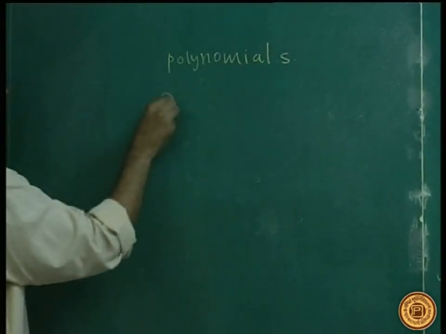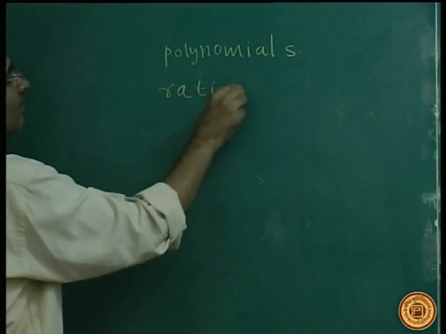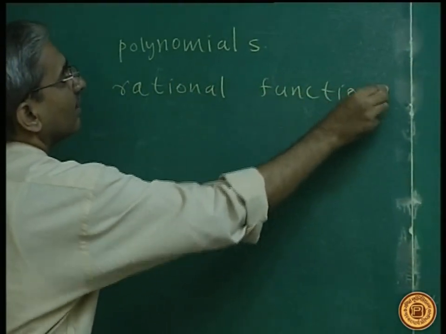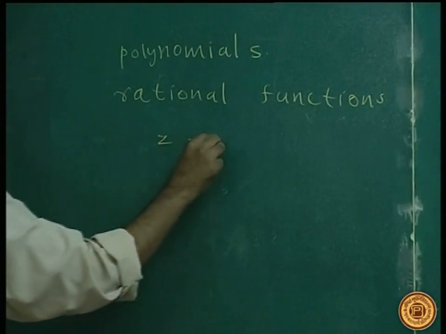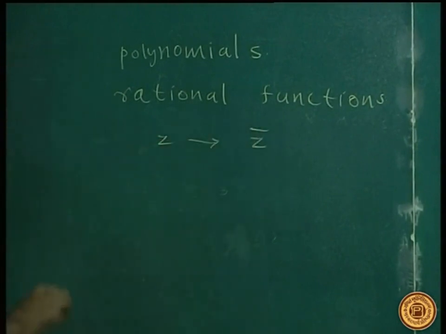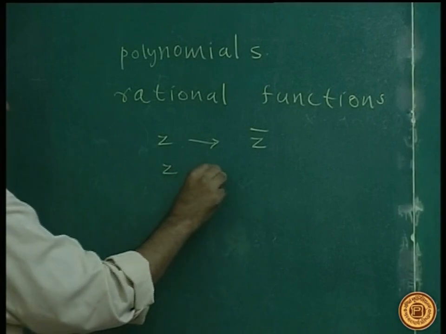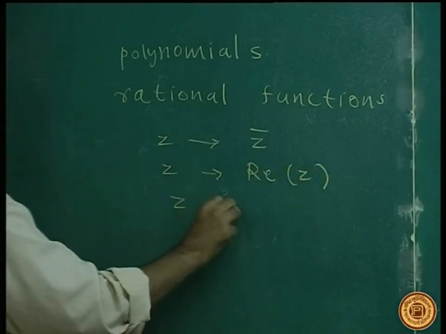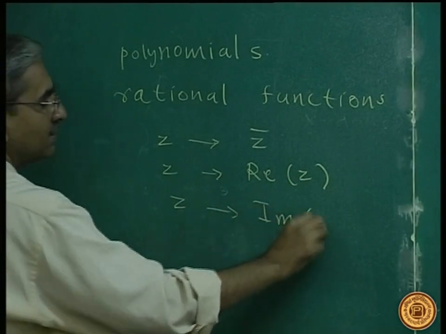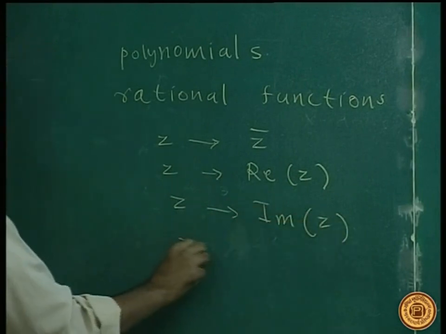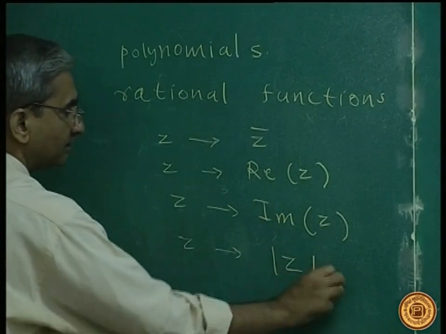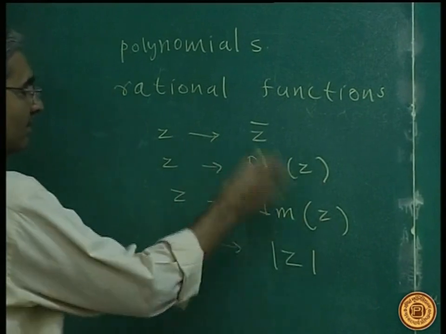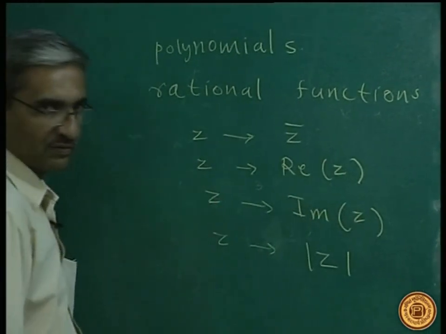Polynomials, rational functions, then z goes to z bar, z going to real part of z, z going to imaginary part of z, z going to mod z. These are functions we have so far seen.